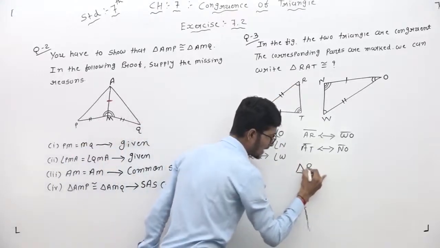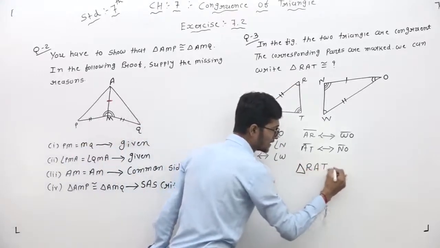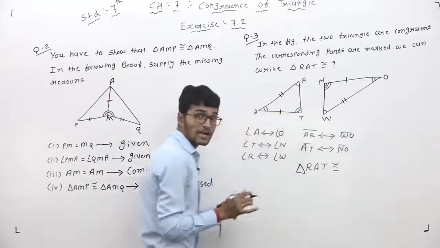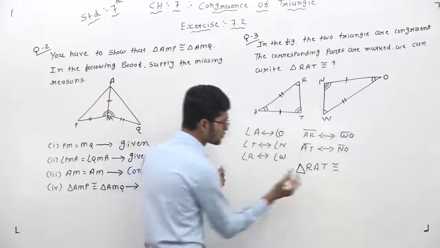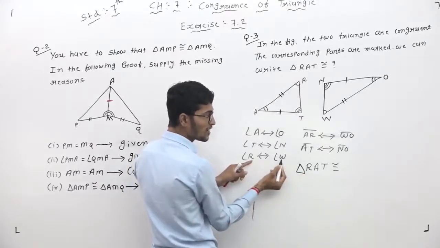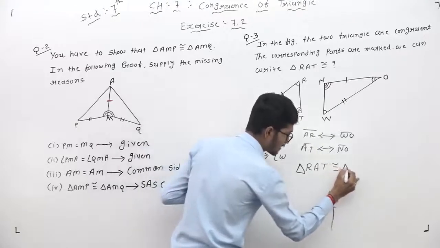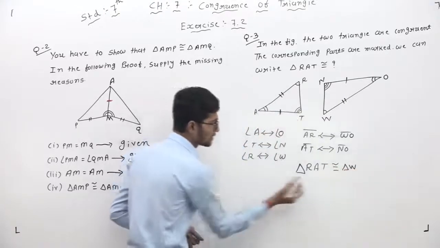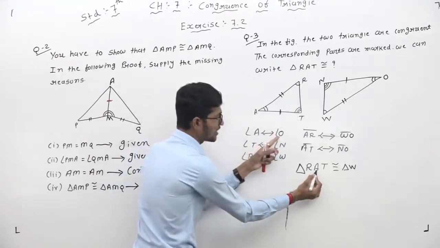Triangle RAT congruent. One by one, okay? How to decide it? So R: angle R and angle W are corresponding. So here is the triangle. First of all we will write W. Then after that, A: which angle corresponds?